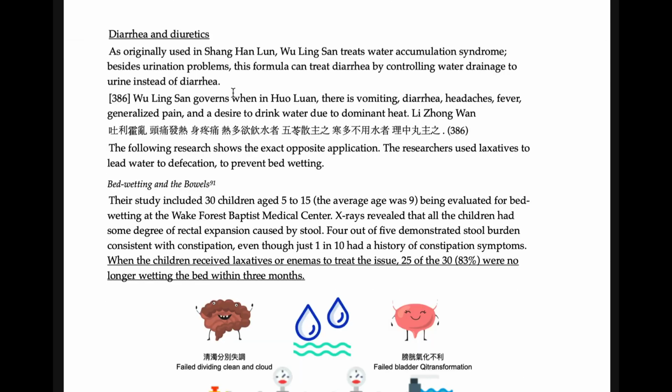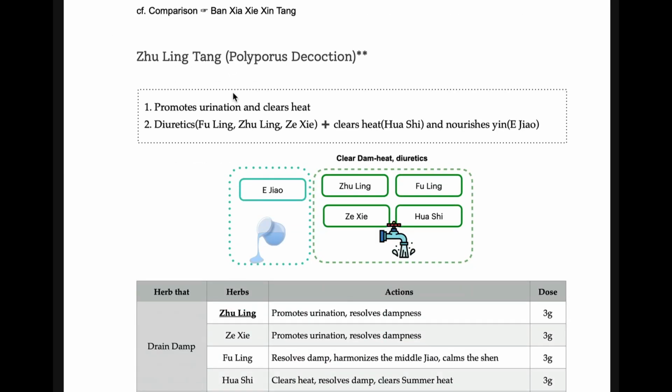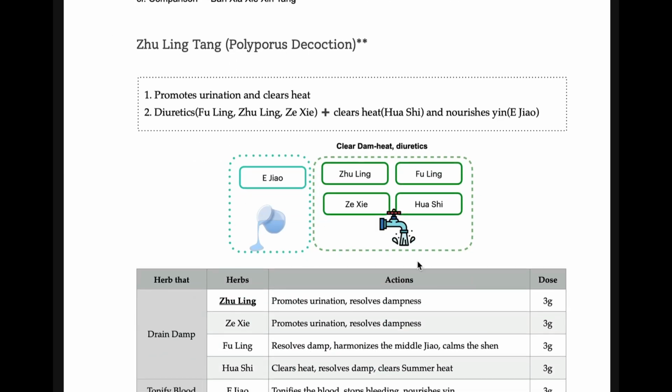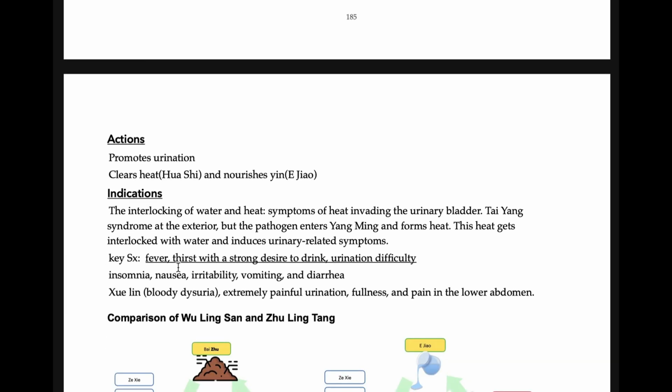And thirst after vomiting, that is the keyword you need to remember. And Zhulingsan is for excess heat, the internal heat, nourishing yin with ejiao. It obviously treats fever just like Ulingsan, but more interior heat, and Ulingsan treats exterior heat. So Zhulingsan treats fever and thirst with a strong desire to drink.